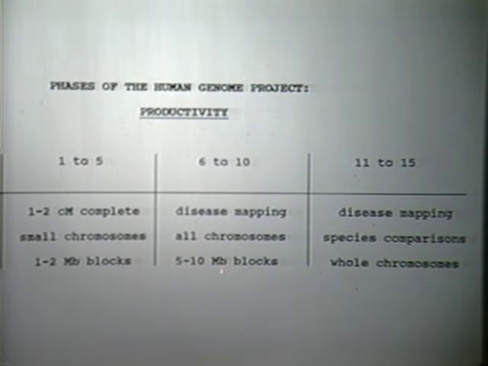Now, I remind you, that's 5 to 10 times the size of the longest block of continuous sequence we have available today. And as time goes on and our methods get more powerful and more automated, we'll see 5 to 10 million base pair blocks of continuous sequence by the end of the next decade, and maybe the sequence of whole chromosomes in the future.